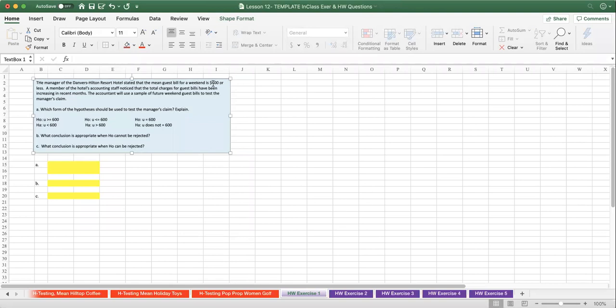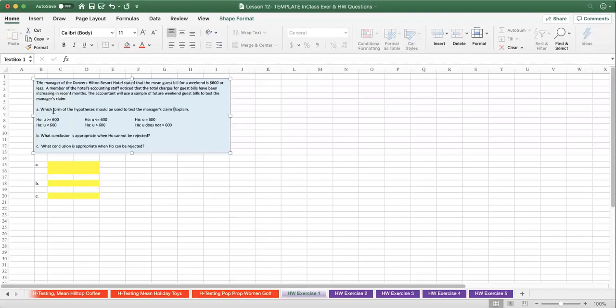He's making the claim that it's 600 or less. So this wouldn't be my first choice, right? You want the null hypothesis to be your main claim, whatever assumption is being challenged. So we're going to look for data and challenge the assumption.